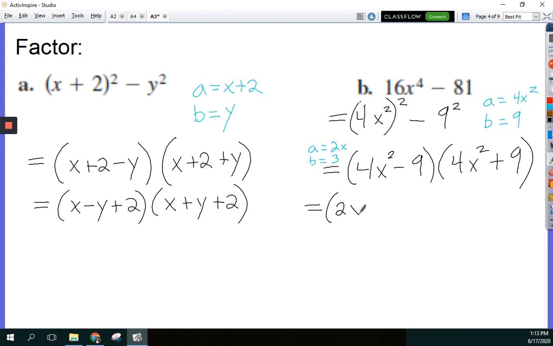So we would get 2x minus 3 times 2x plus 3. Now, notice in that last set of parentheses, even though 4x squared and 9 are all perfect squares, we have an addition symbol there. And so because of that, we can't factor it any further. We don't have a sum of squares formula. It just doesn't factor, and so that would be our final answer.